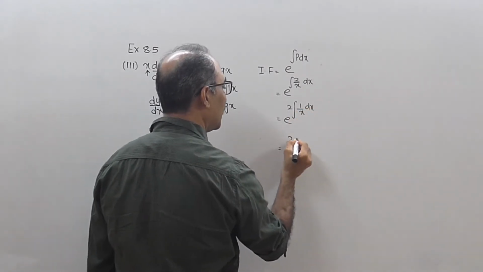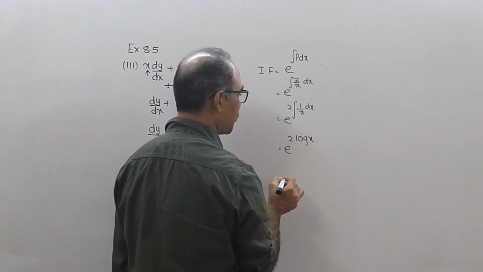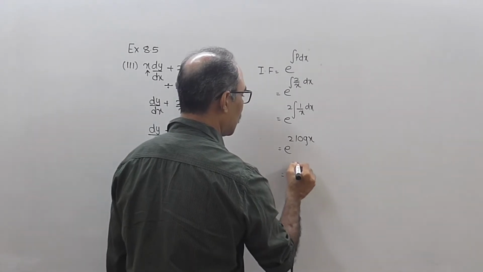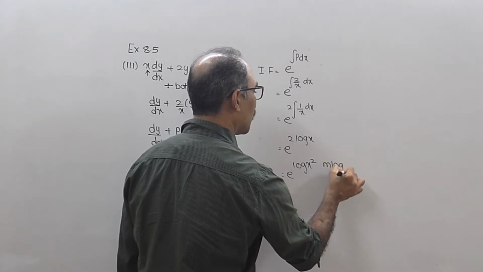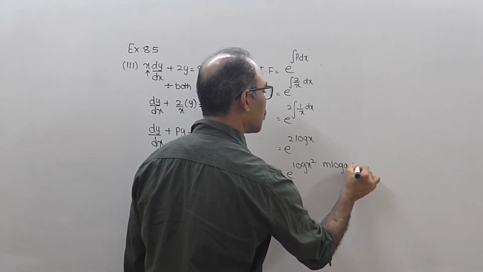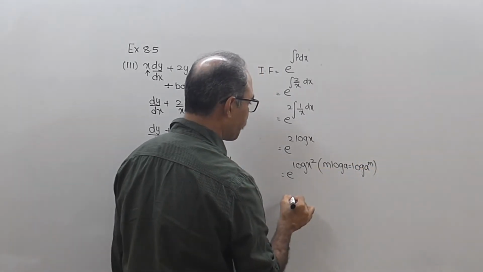And you know that the integration of 1 upon x dx has to be equal to log of x. Now what you do is you write this as e raised to 2 log x, meaning m log a you write as log of a raised to m.